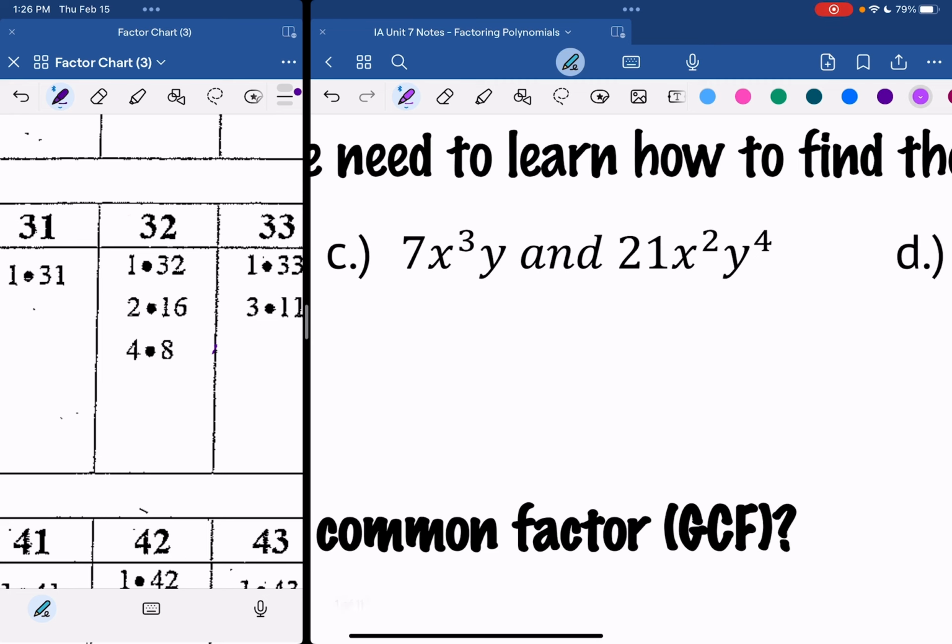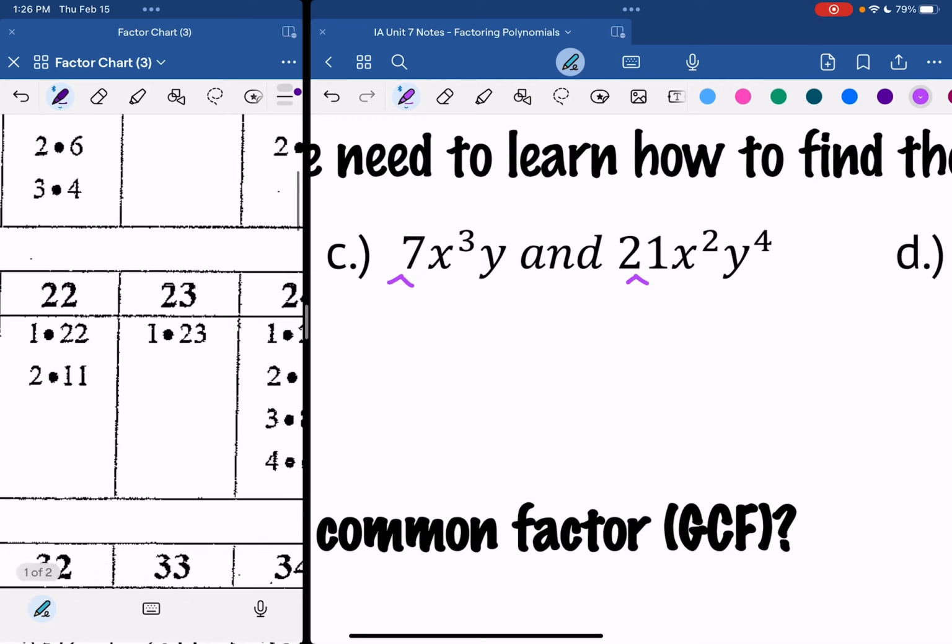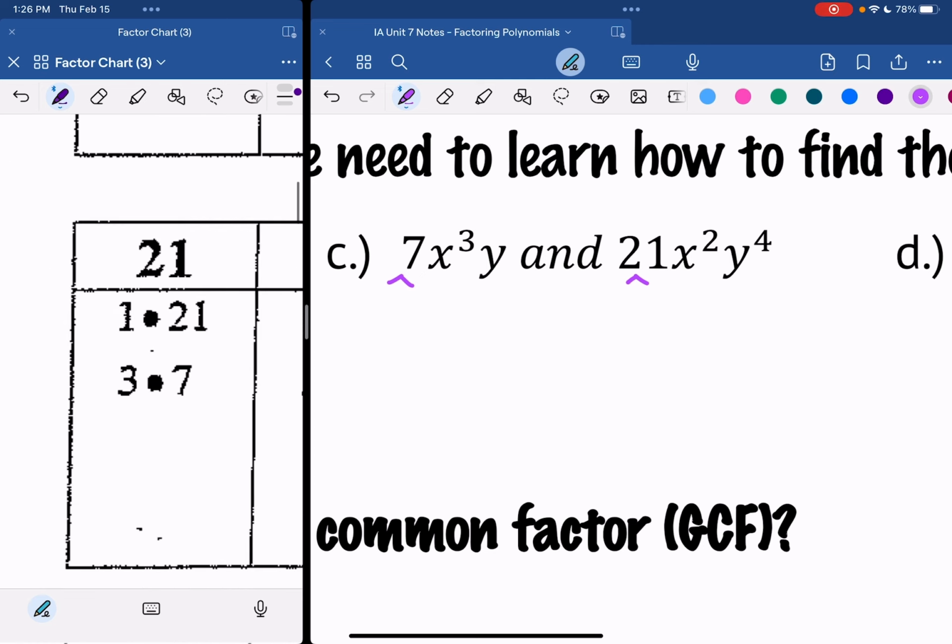So now what do they share? Well, 21, if we look, here's 21, and the other number has a 7. This has a 7. So our greatest common factor is 7.